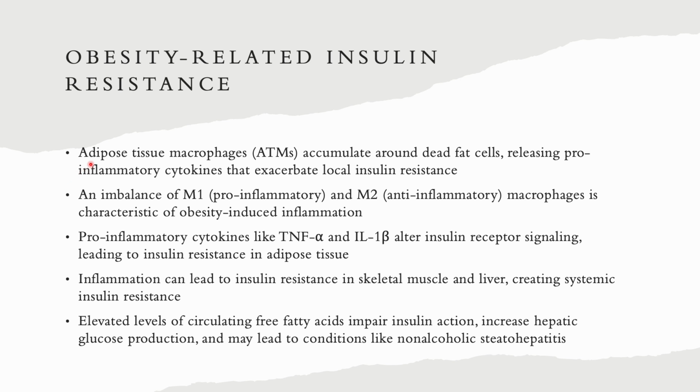And you can see these points talk about how some of the inflammation can lead to insulin resistance, like in the skeletal muscle and liver, which creates systemic insulin resistance, and elevated levels of circulating free fatty acids impair insulin action, increase hepatic glucose production, and may lead to conditions like non-alcoholic steatohepatitis.